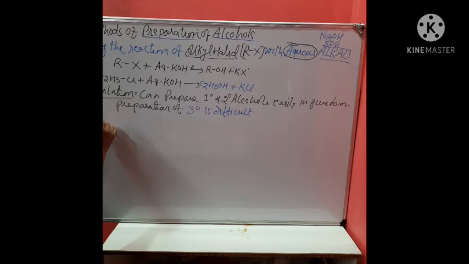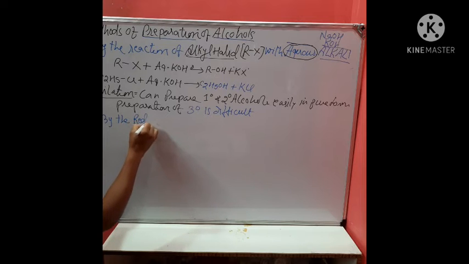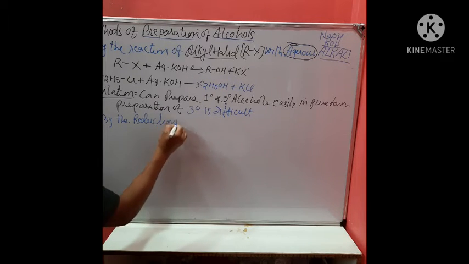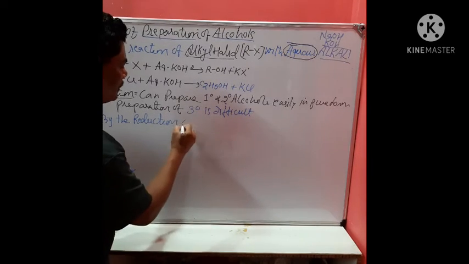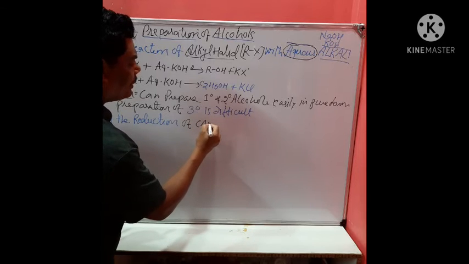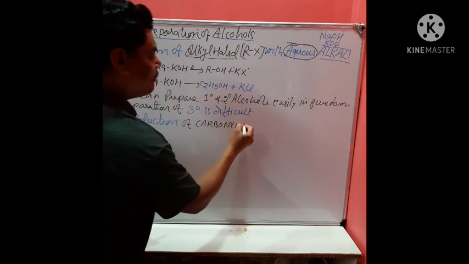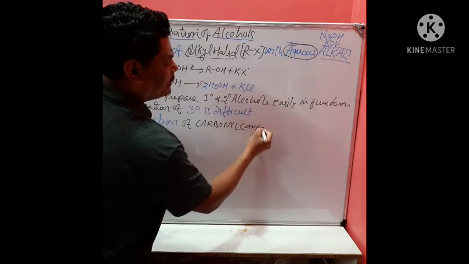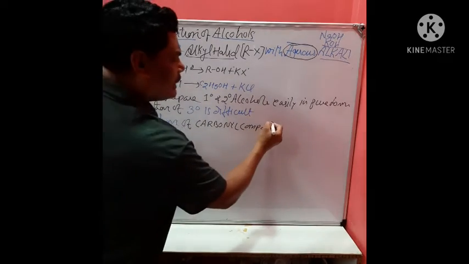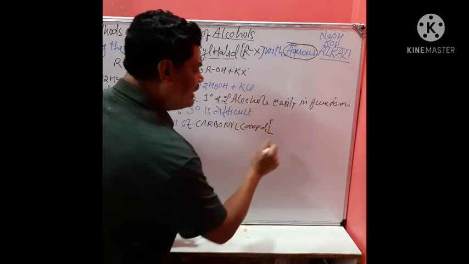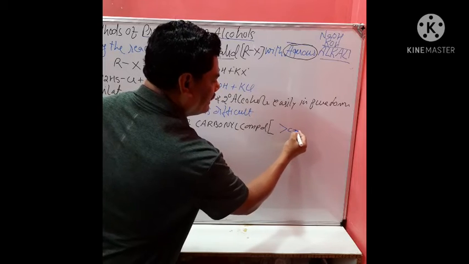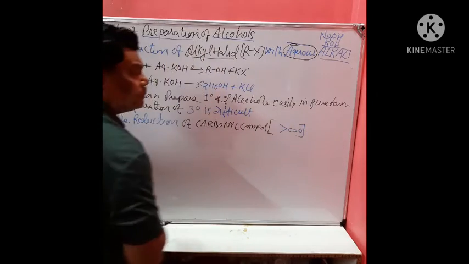Okay, next one, by the reduction of carbonyl compounds. Do you know about carbonyl compounds? Which compounds are called carbonyl compounds? Those having the C double bond O functional group.